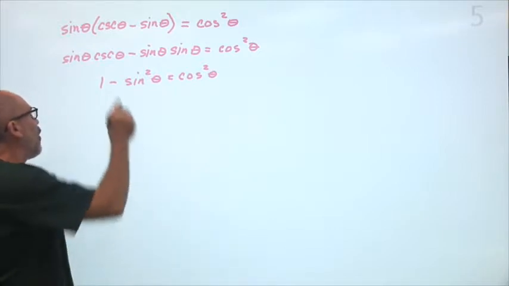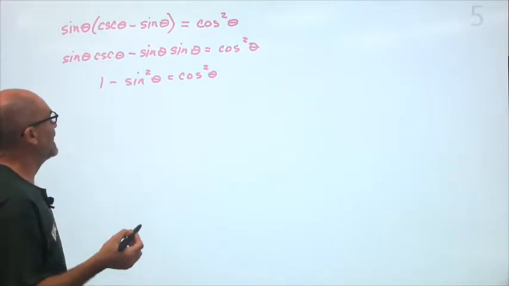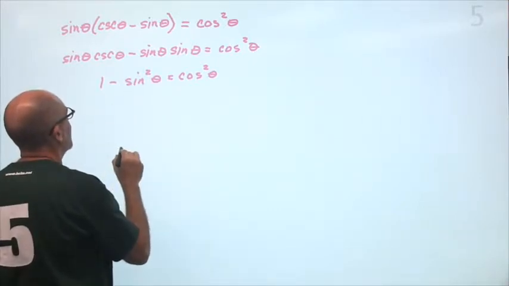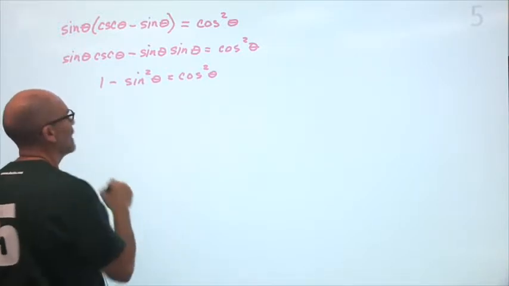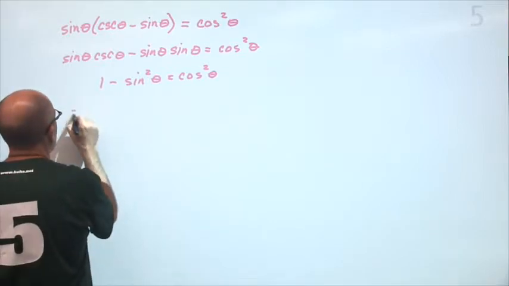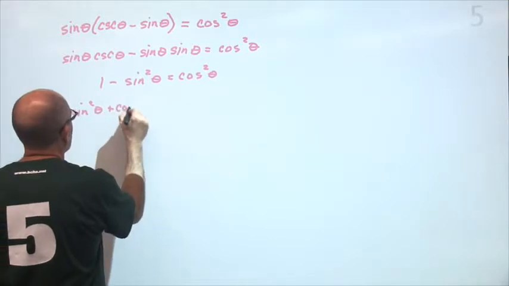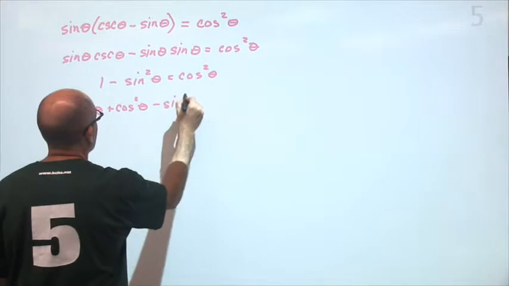Now, we've already shown that that's true, but just in case there's any doubt, I'm going to say 1 equals sine squared theta plus cosine squared theta. So sine squared theta plus cosine squared theta minus sine squared theta.